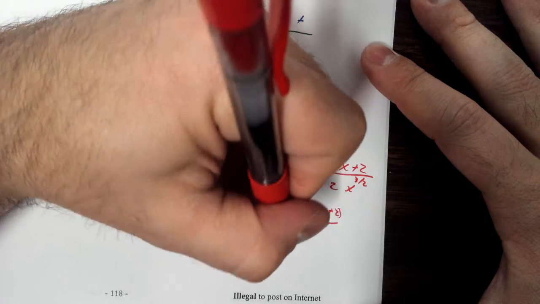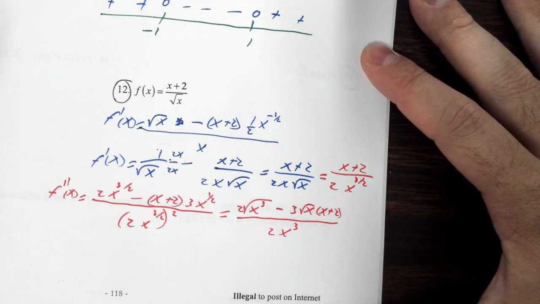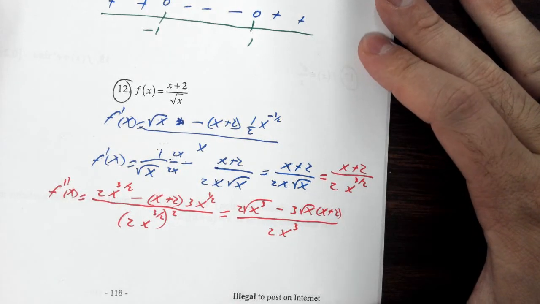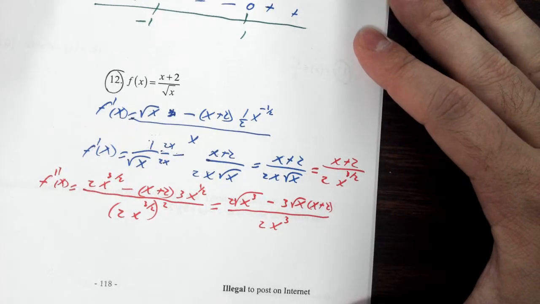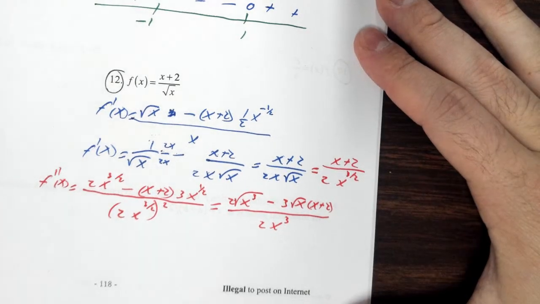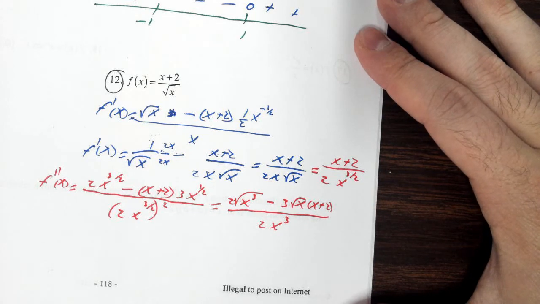So it just becomes 2x cubed. So now we want to know, when is this 0 or when is this undefined?